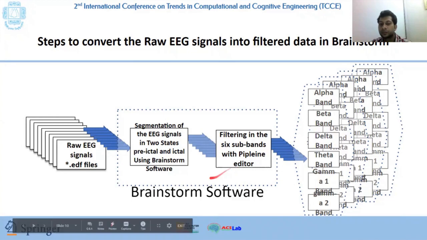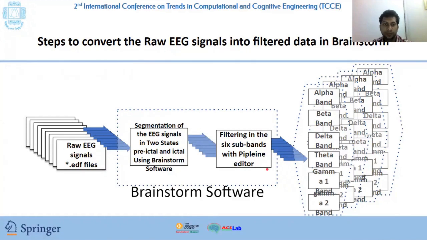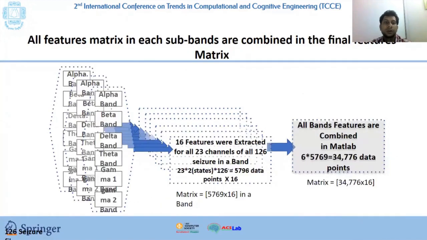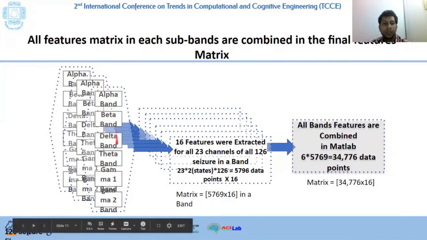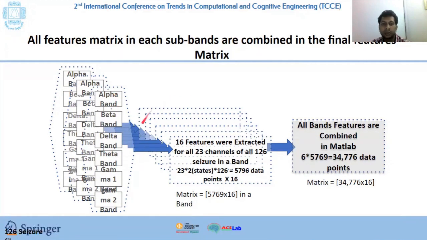And these filtrations have been done for all those patients. After getting all those different bands, we put all those .mat format files in the MATLAB program to extract the 16 features for all the 23 channels and all 126 seizures in the 6 bands.